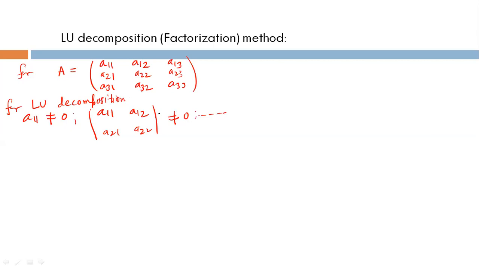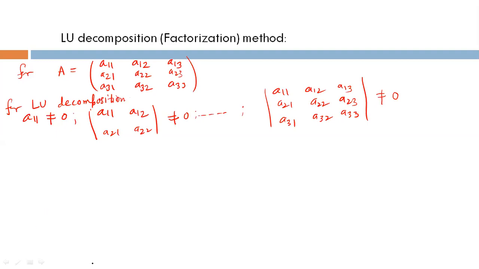We have more second order minors with respect to A11, with respect to A22, with respect to A33. You can verify. And we also have a third order minor, that is the determinant of this matrix, which is also not equal to 0. Then only we can apply the LU decomposition method.